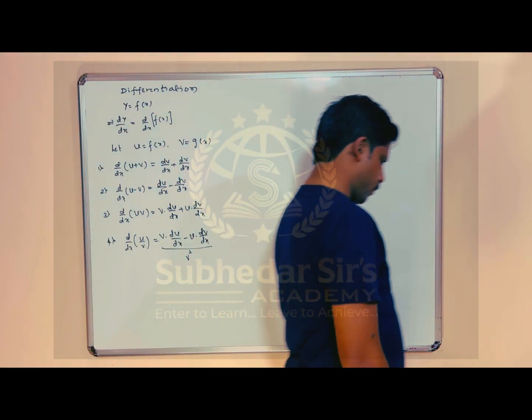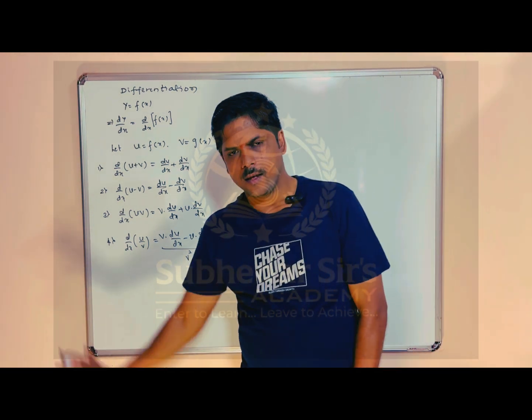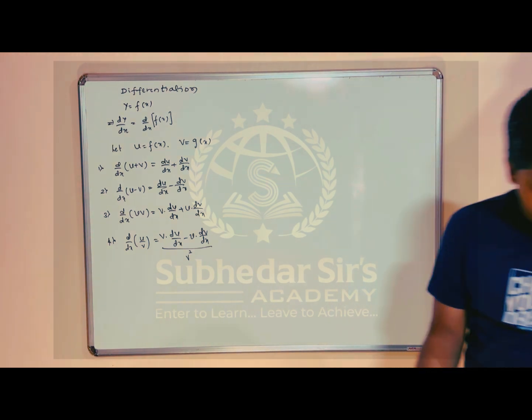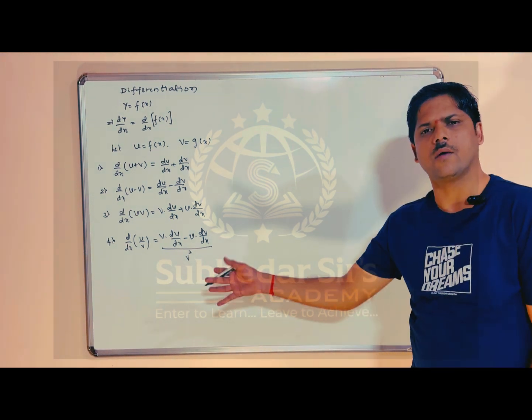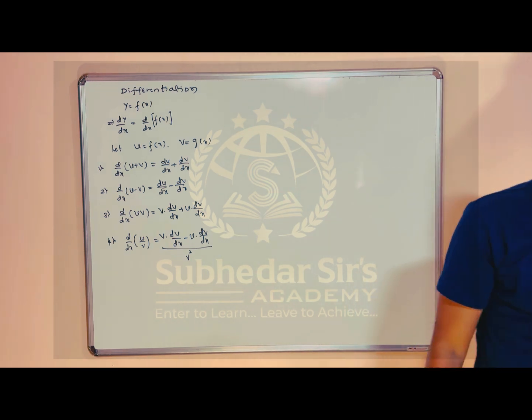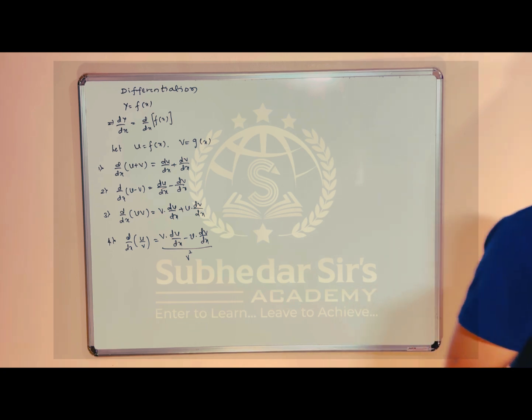These four important formulas we are going to apply for the sum, subtraction, multiplication or quotient of two functions. So these are the 16 first stage formulas. So note it down.